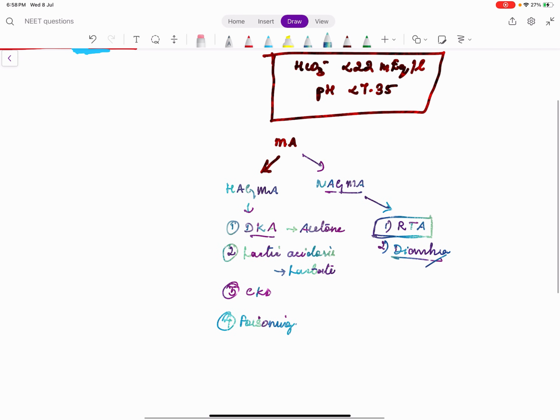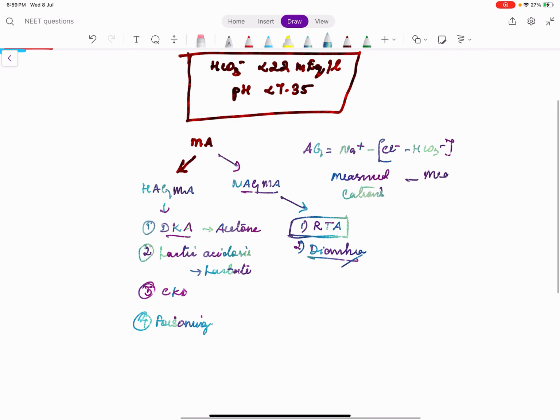If we have to go to the next step, how is anion gap calculated? It is sodium minus chloride minus bicarbonate. That is measured cations minus measured anions. I am not discussing the entire basics, but if you are able to remember, it is well and good.